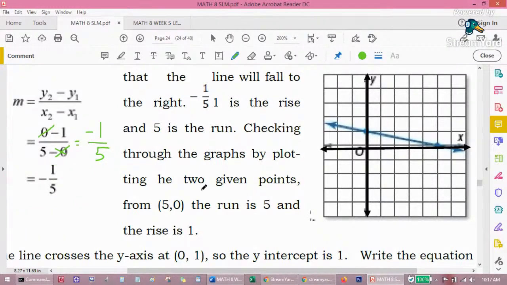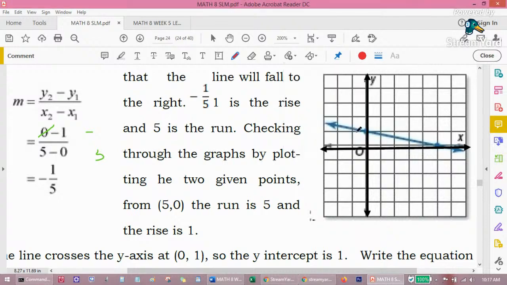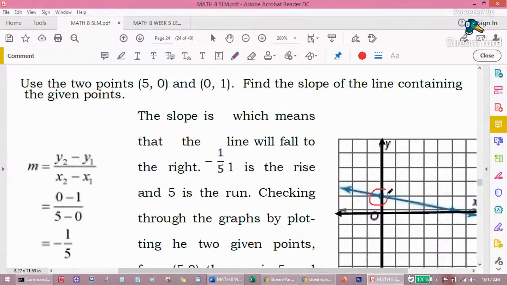So, kung titignan natin, ito yung dalawang points, no? Nasaan tong x is 5 and y is 0? Ito yon.